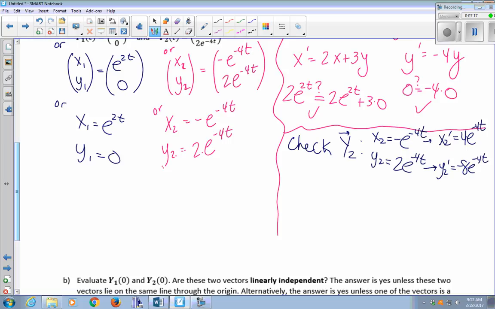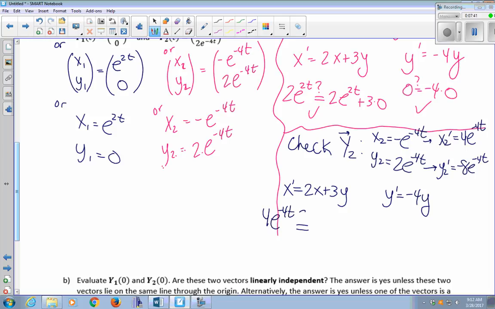Now I'm going to plug into my two equations. So I know x prime is supposed to be 2x plus 3y, and y prime is supposed to be negative 4y. So in my x prime equation, I replace x prime with the derivative I took up here, 4e to the negative 4t.